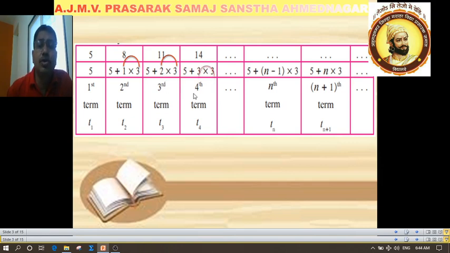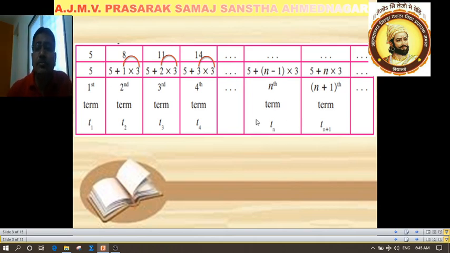Similarly, fourth term is obtained by adding 3 times common difference, that is 3 into 3 in the first term. Similarly, fifth term is obtained by adding 4 times common difference in the first term, and so on.